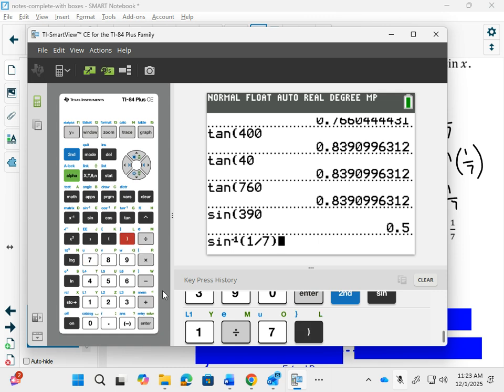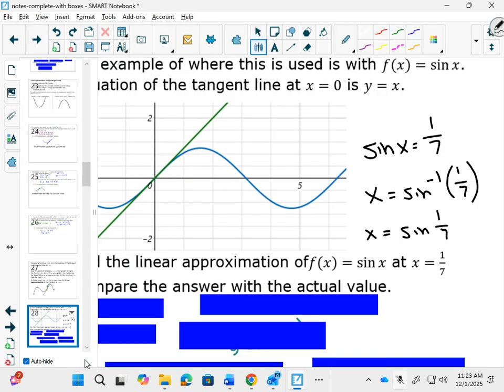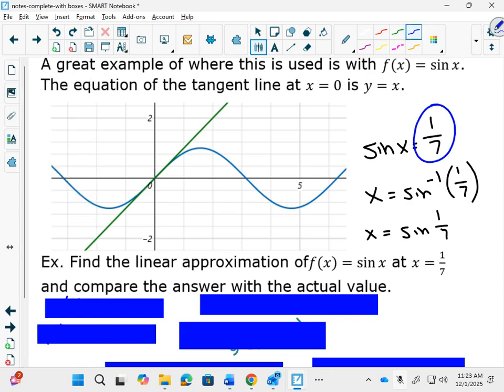And you had another kid. Here, let's just have fun with this. You had another kid who said, I'm just going to circle the answer. I'm going to just go with 1/7. What the heck? Let's look at those answers here.